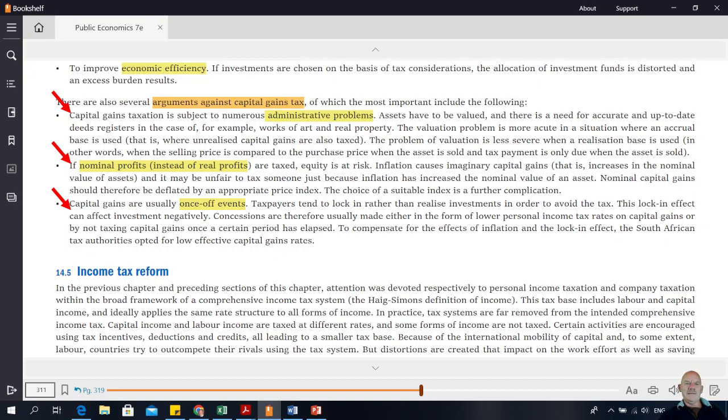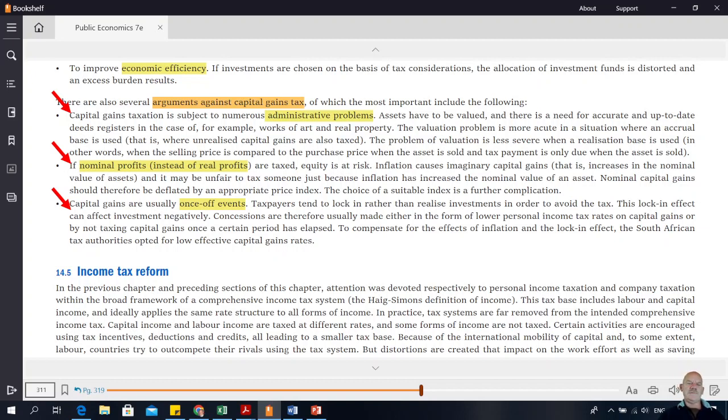So let's say once in 10 years you sell a big asset, and then suddenly you go into a much higher tax bracket. The next year you don't have any assets to sell, and then you're back to your previous tax bracket. They don't smooth this off over time, and that is also a bit unfair.